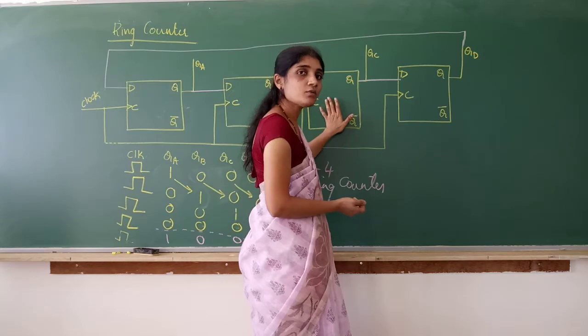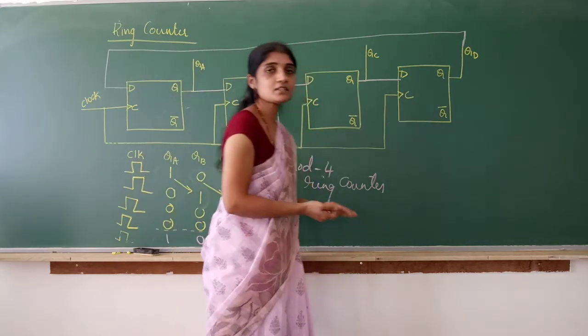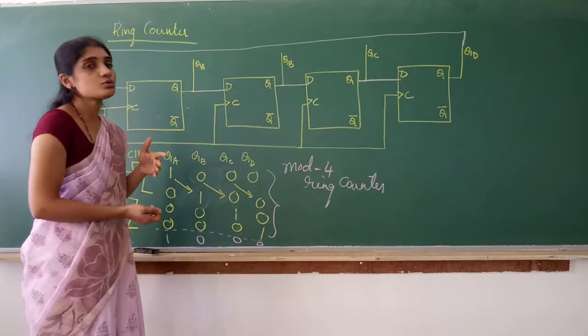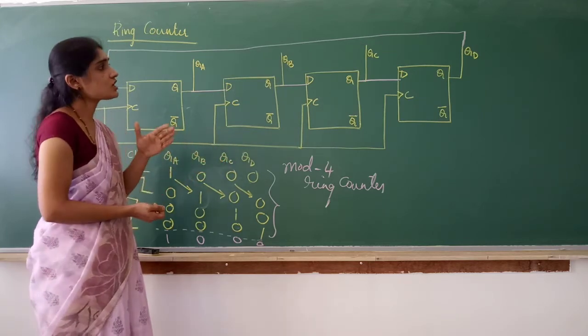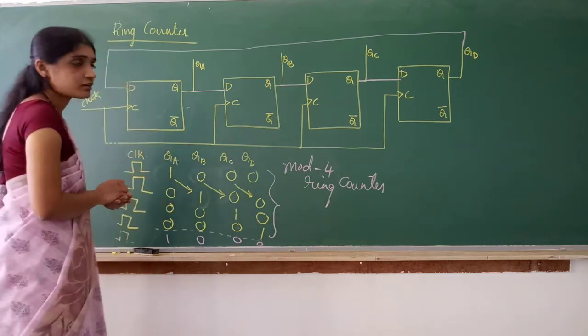If QC is 1, what may be the output pattern? 0 0 1 0, because in a ring counter any one flip-flop will be in state 1. So it is very easy to decode the output pattern. So ring counter is not that efficient compared to Johnson counter. So this is ring counter.